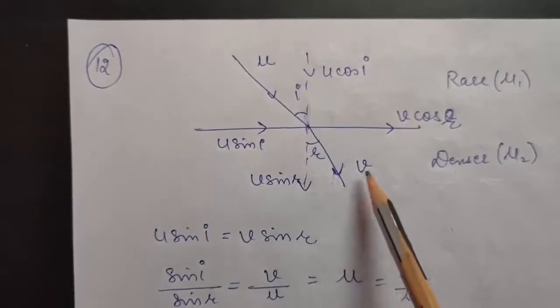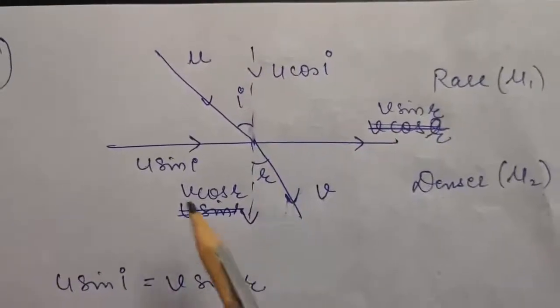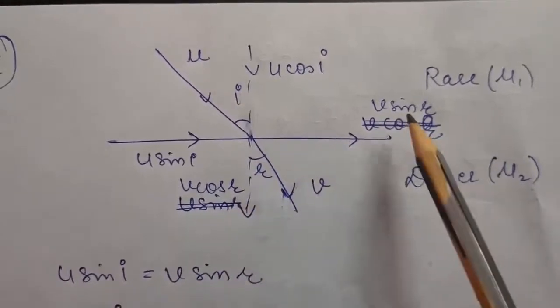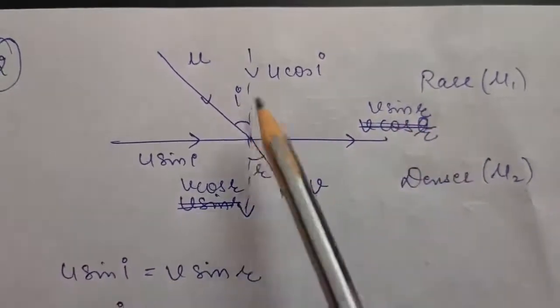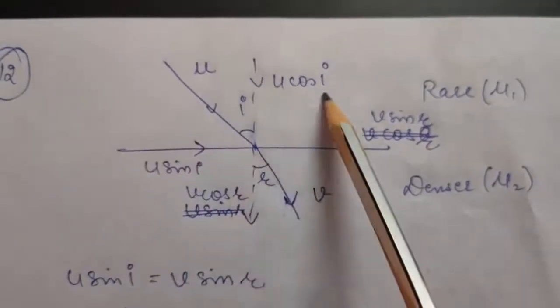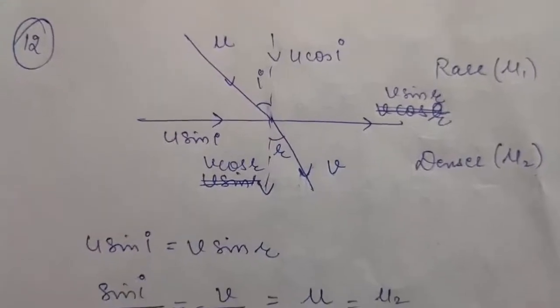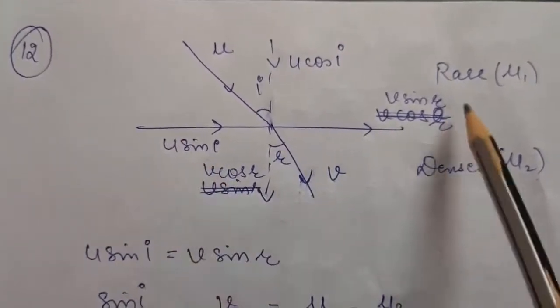Now if you resolve this v, this component will be v cos r and this component will be v sin r. Similarly, if you resolve u, this component will be u cos i and this will be u sin i. Now from Newton's law, you can easily say this component will be equal to this component.